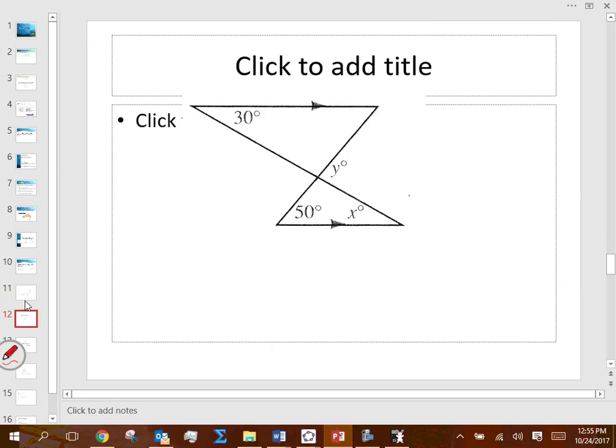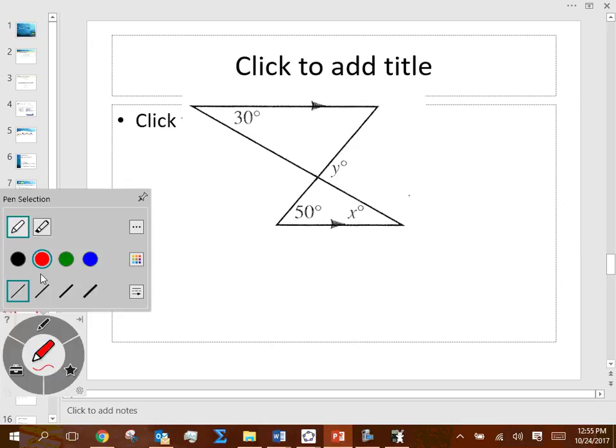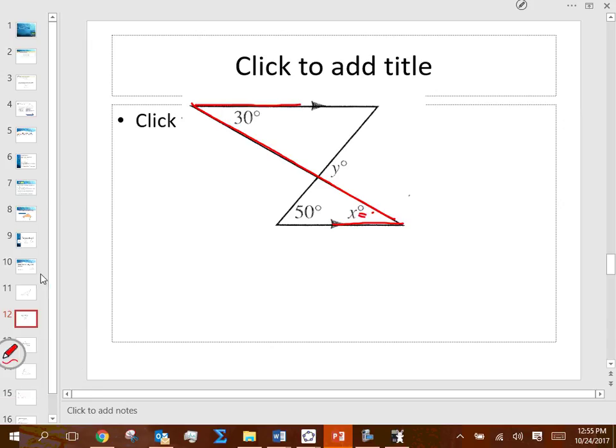If I go to this one, okay. This one's incorporating parallel lines, right? Okay. Usually when they give you parallel lines, you're probably going to want to use those. So if I look at that parallel line, that transversal, what can you tell me? X is 30, right?